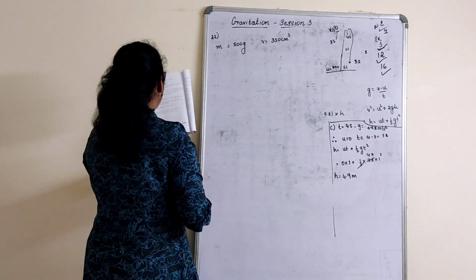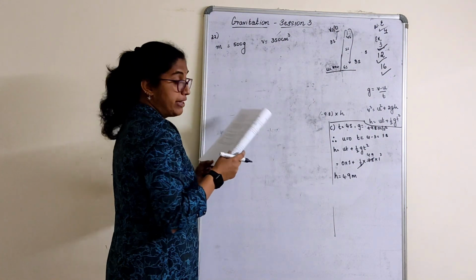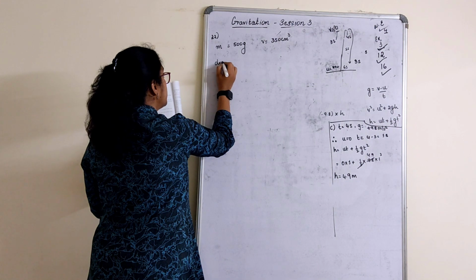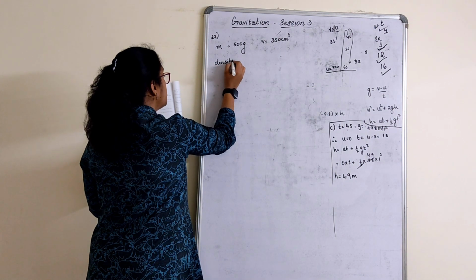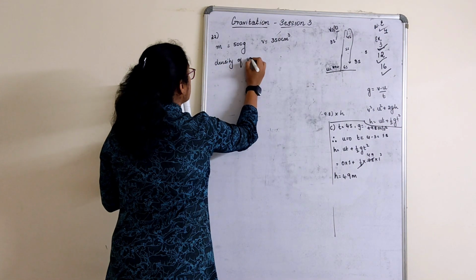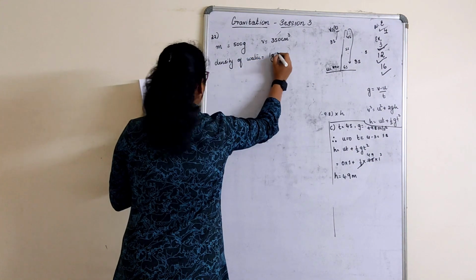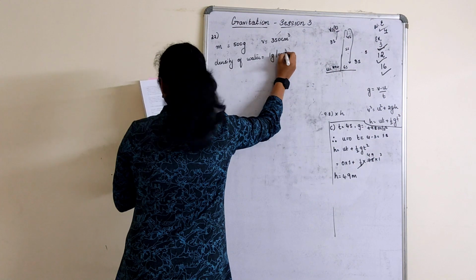Will the packet float or sink in water? We have to check again. If the density of water is, again density of water is given. If in case it is not given, you should know. Density of water is 1 gram per centimeter cube.